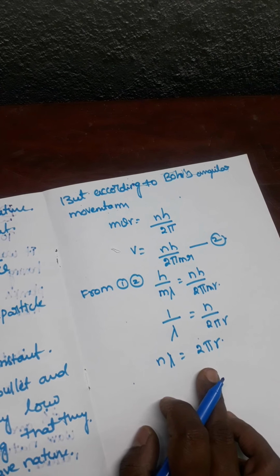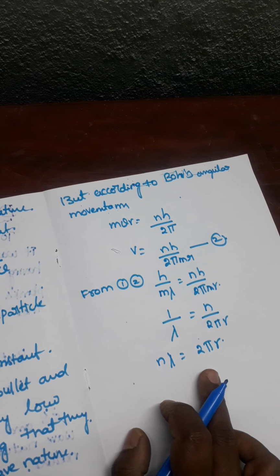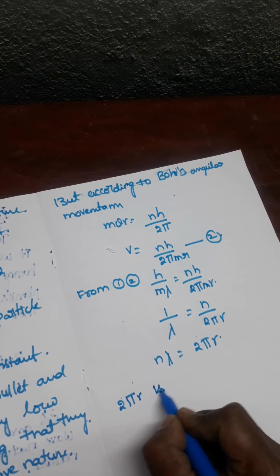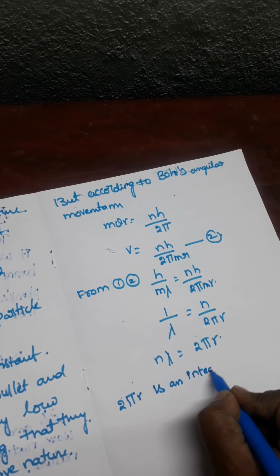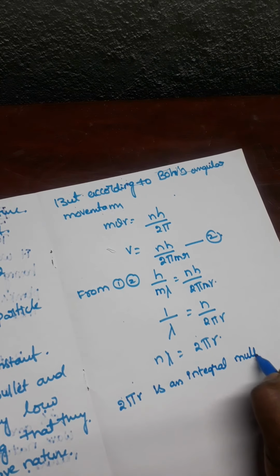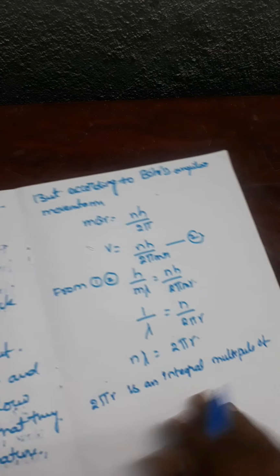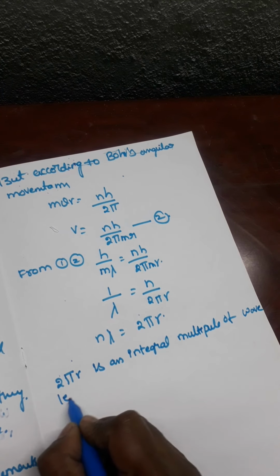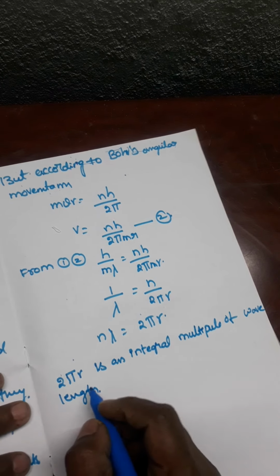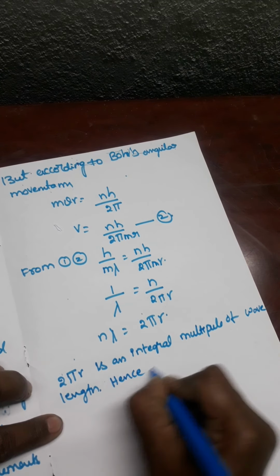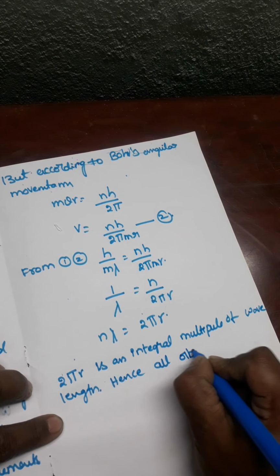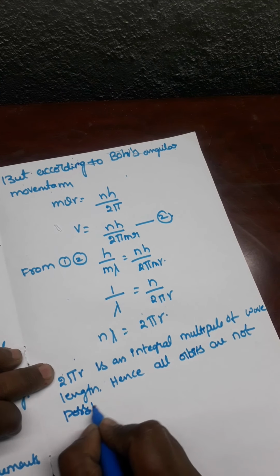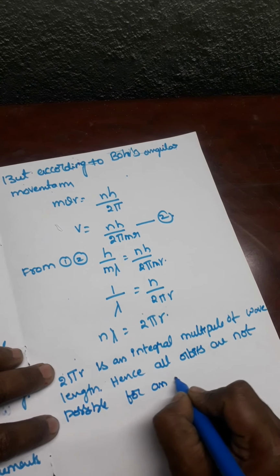According to this equation, the circumference of an orbit, that is 2 pi r, is an integral multiple of the wavelength. Hence not all orbits are possible for an electron.